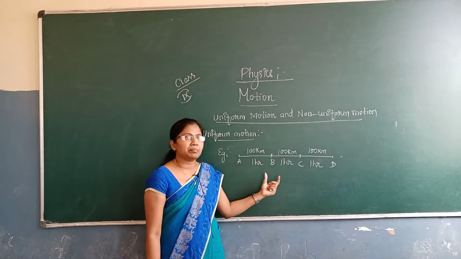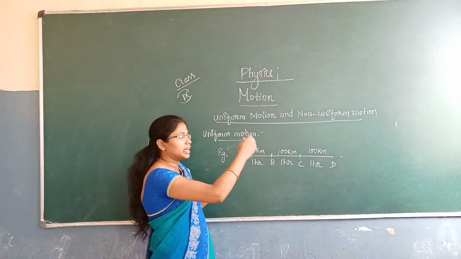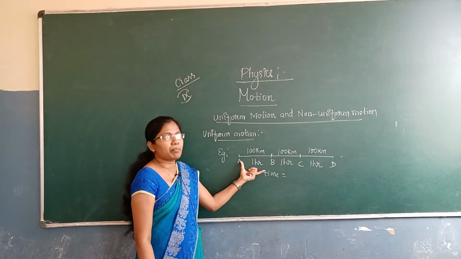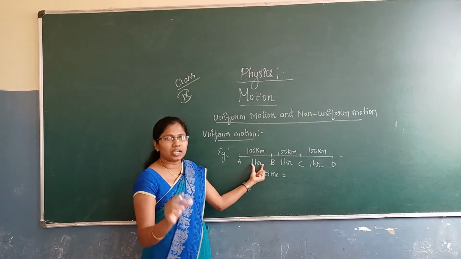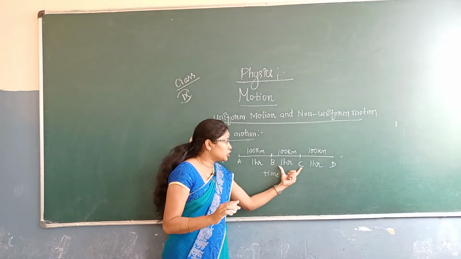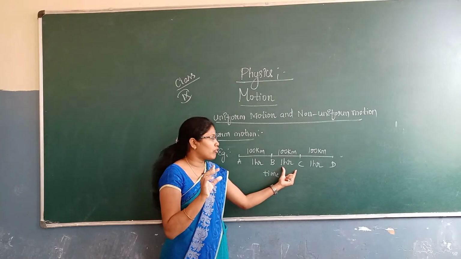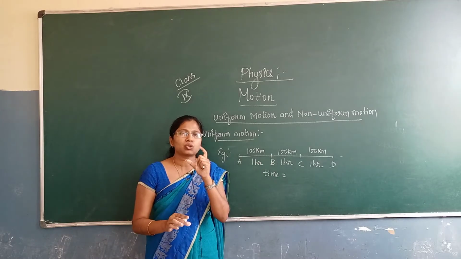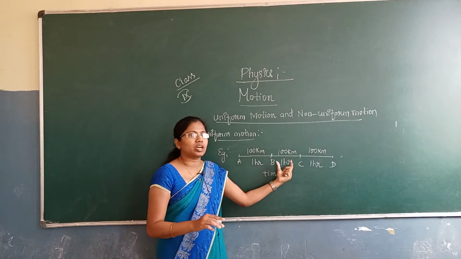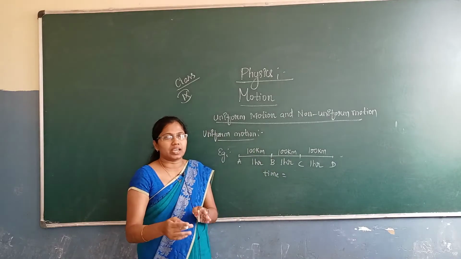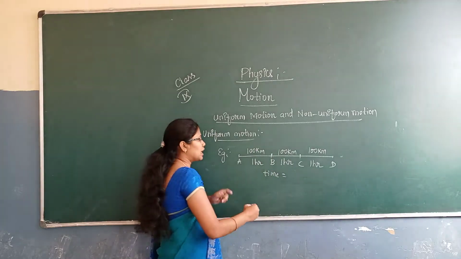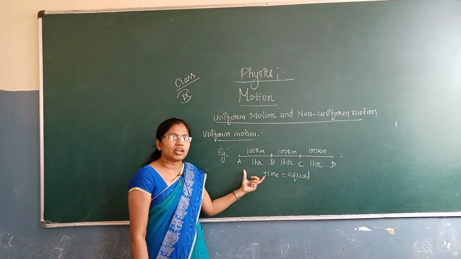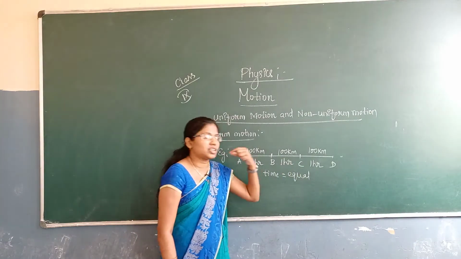Now we shall compare the time at different instants. From point A to point B it has taken 1 hour, from B to C again 1 hour, and from C to D also 1 hour. So we can say that the time taken by the object is equal.